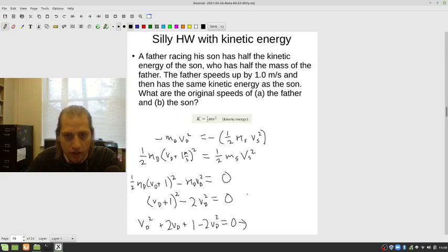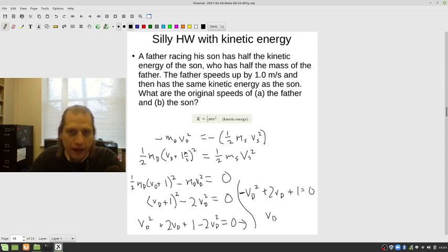Then you can go ahead and get minus v dad squared plus 2 v dad plus 1 equals 0. At this point, you can either factor it or use your quadratic equation to find out what v dad is.